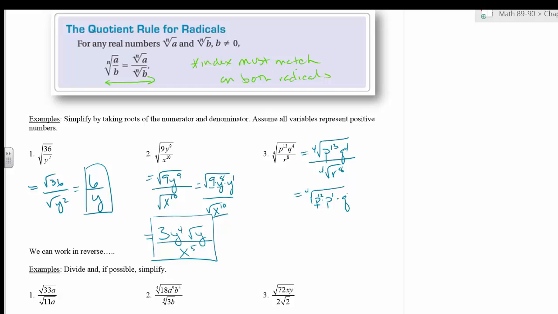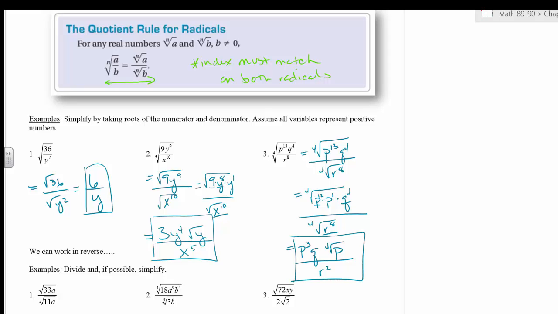And then q to the 4th is already a perfect 4th power. All over the 4th root of r to the 8, because r to the 8 is a perfect 4th power. All of those are multiples of 4. So pull out everything you can. P to the 12 comes out as p cubed. Q to the 4th comes out as q. You're still left with the 4th root of p all over the 4th root of r to the 8th, which is r squared.